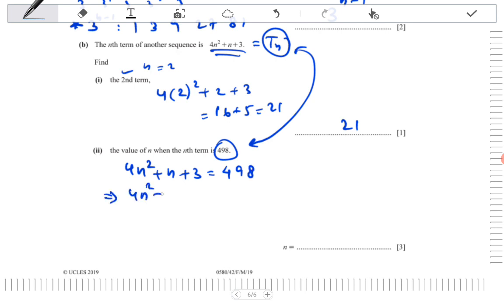4n square plus n plus 3 minus 498 equals 0. This becomes 4n square plus n minus 495 equals 0.